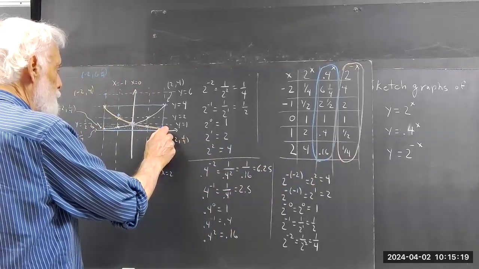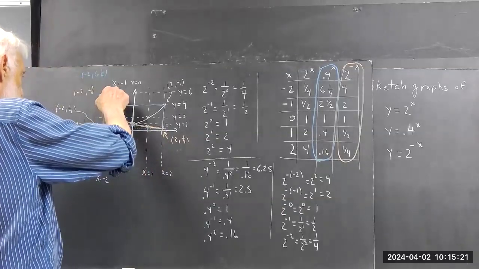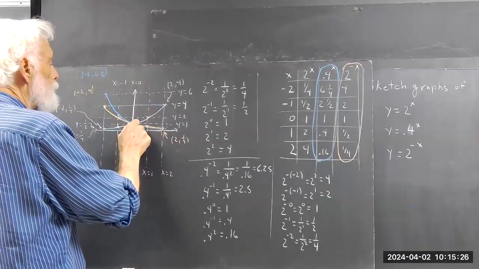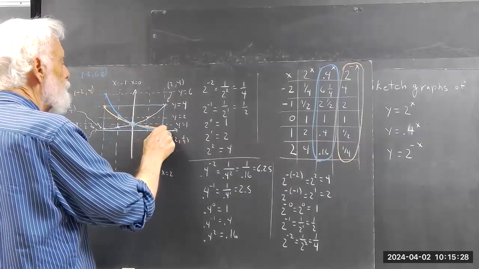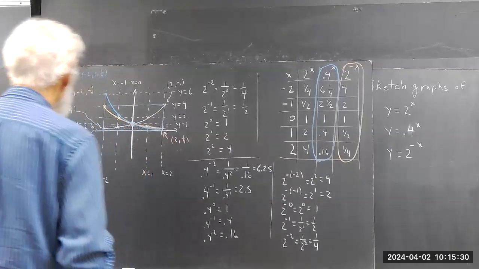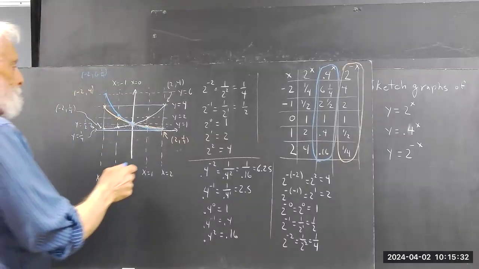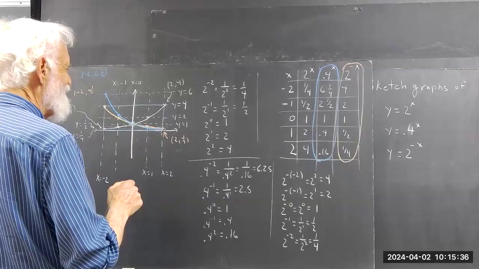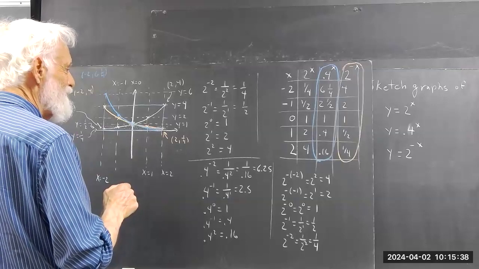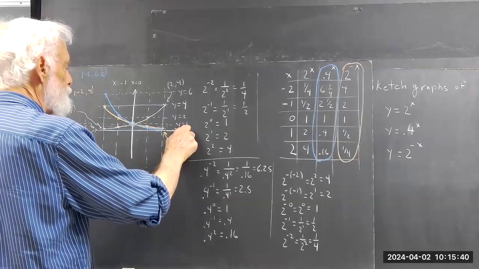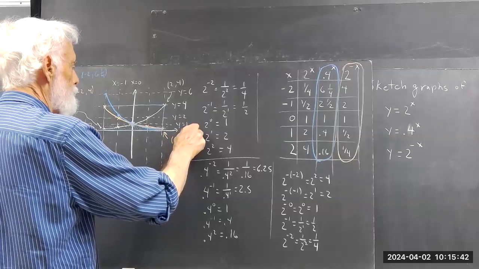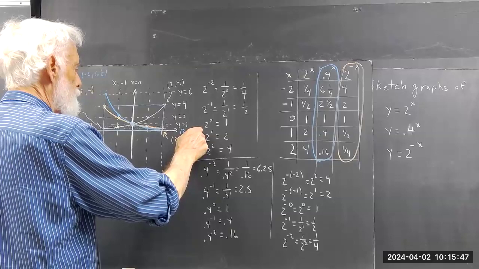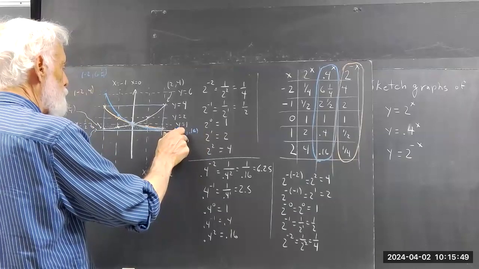So we're going to have a point maybe about here. So my graph of 0.4 to the x is going to look like this, more or less. And this last point here is 2, 0.16.